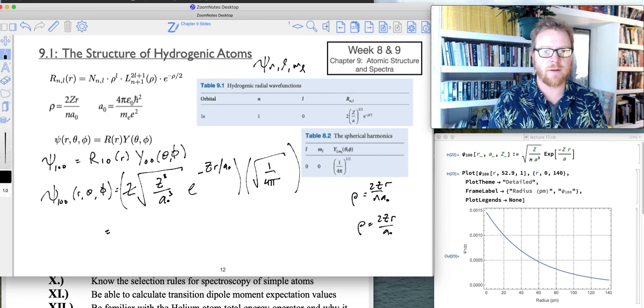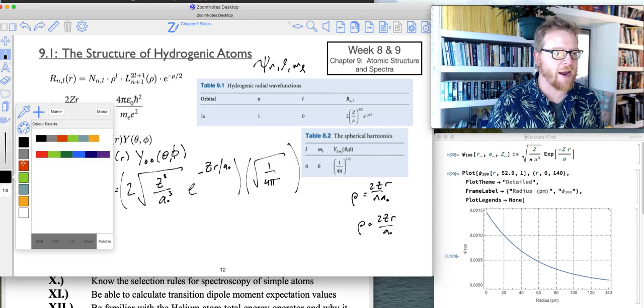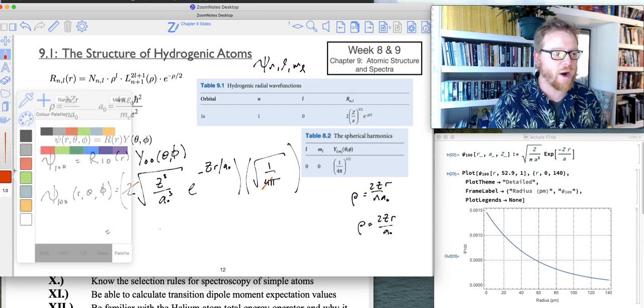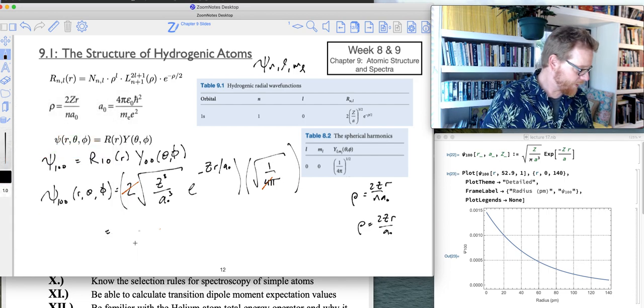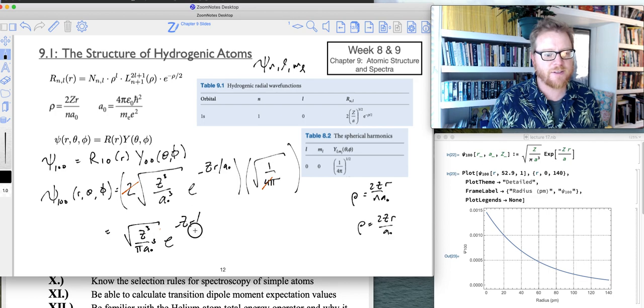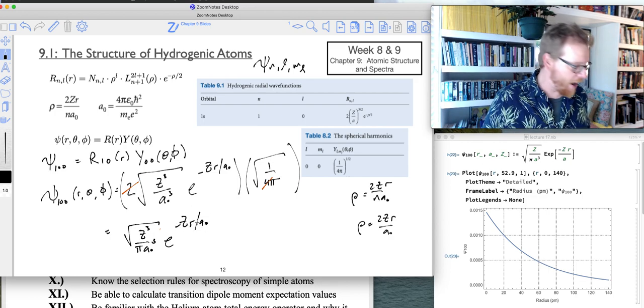We'll do a different color so you can see my algebraic manipulations. So that cancels with that. Lovely. And then now I can just put that pi into the square root, and I can write this function as the following: square root of Z cubed over pi a naught cubed, e to the negative Zr divided by a.